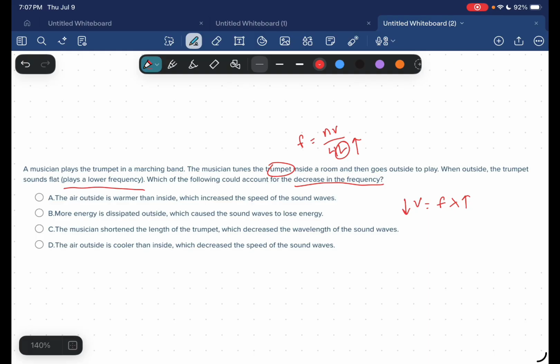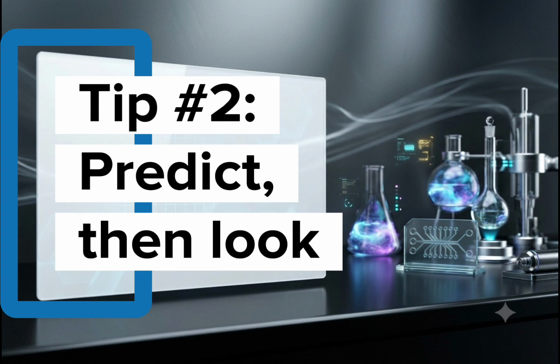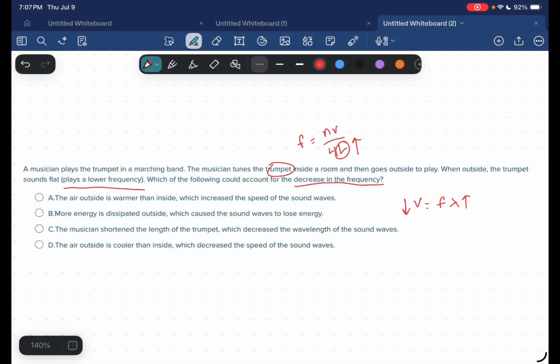And that's actually my second tip, which is try to predict the answer before looking at the answer choices. If you find yourself consistently picking the distractor answer choice, this is a very effective workaround because the MCAT will try to intentionally trick you.